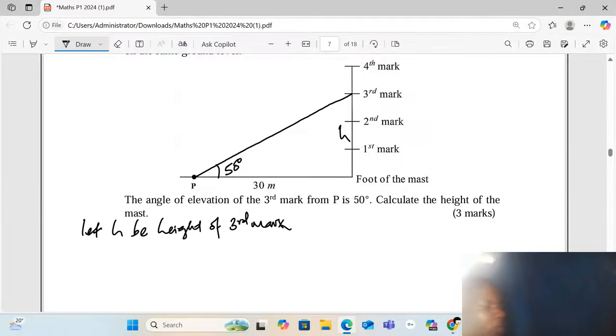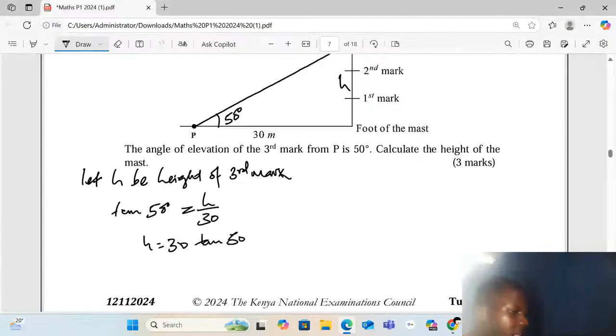Now, using SOHCAHTOA, tan 50 degrees will be equal to h over 30 meters. Now h will be 30 times tan 50, and we get 35.75. Our height, that is in meters.